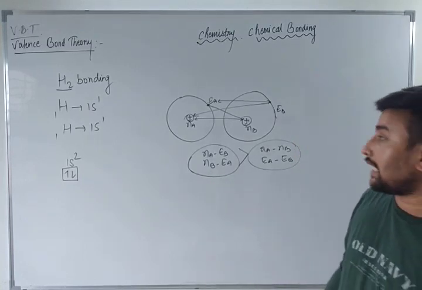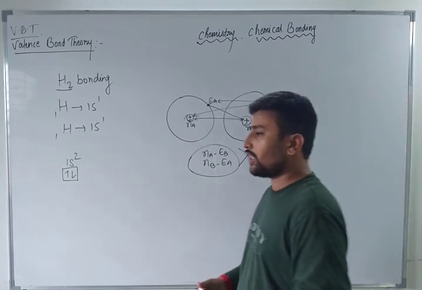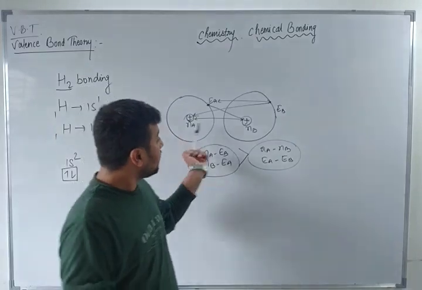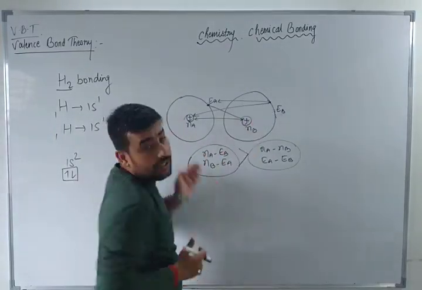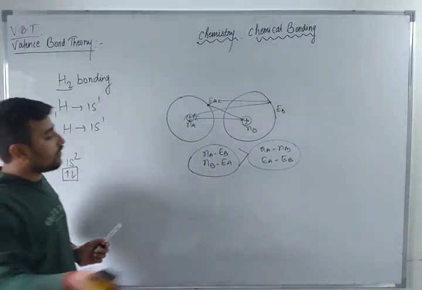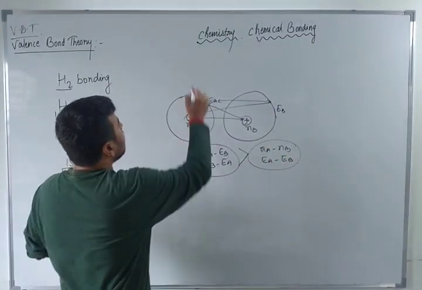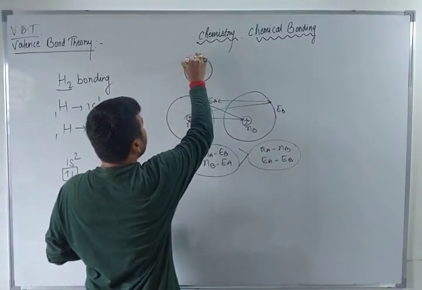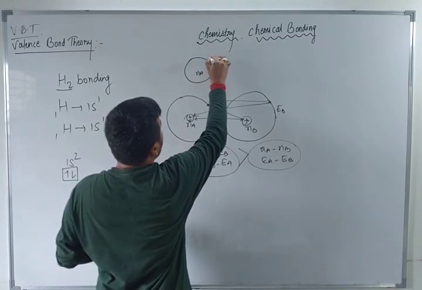I hope all of you have understood how this bonding is formed. Now the question is, because of this nuclear attraction force, if I talk about the nucleus and this electron, just suppose here I am drawing, this is the nucleus and this is the electron.